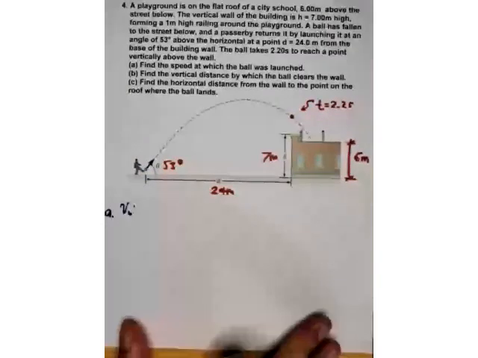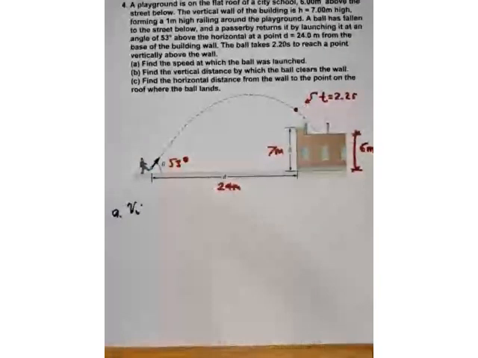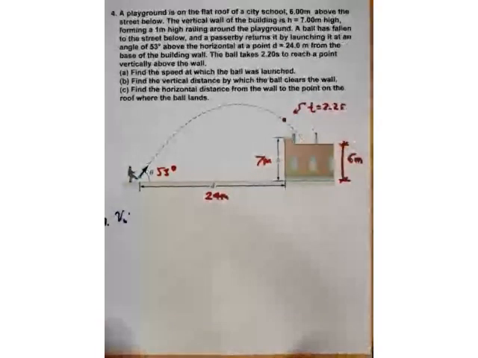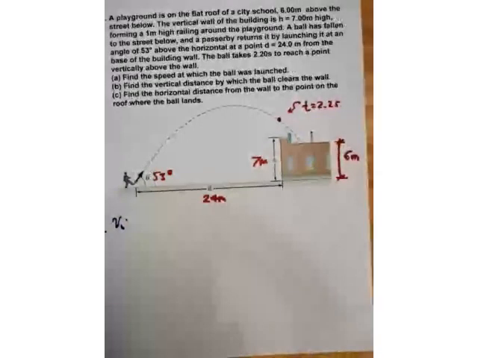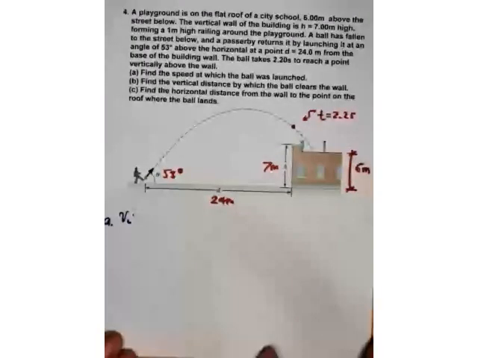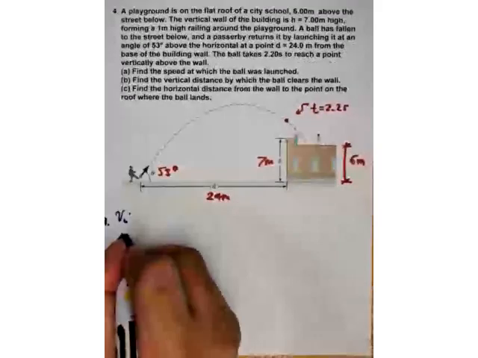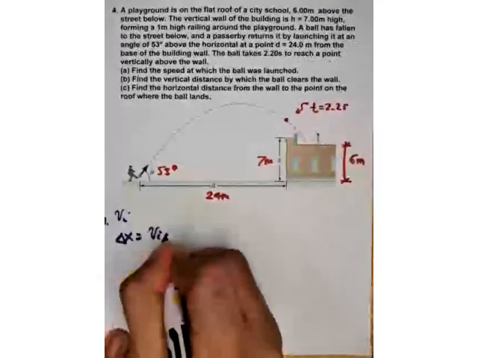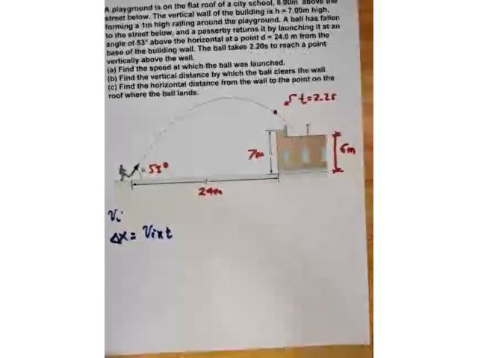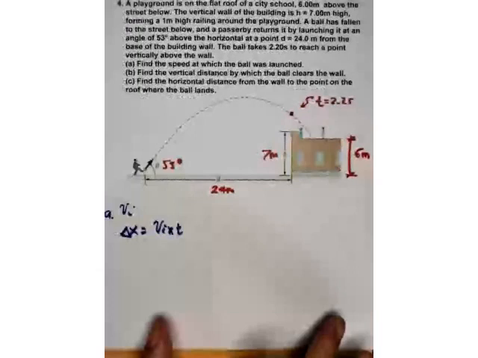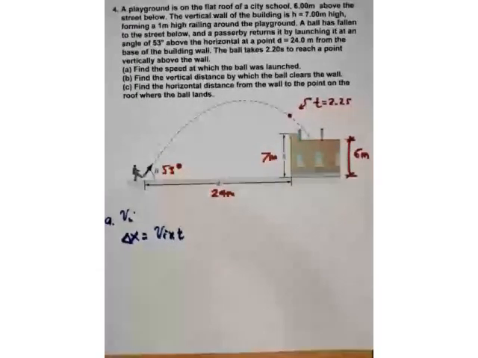Ayan. Okay. So class, sa pagganito, unahin muna natin siya sa delta X, kasi yun yung may pinakamadali tayong formula, yung delta X is equal to VIXT.